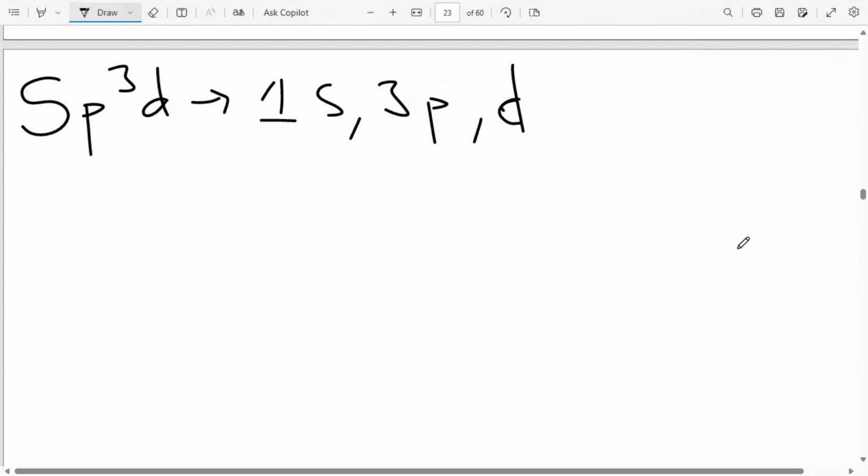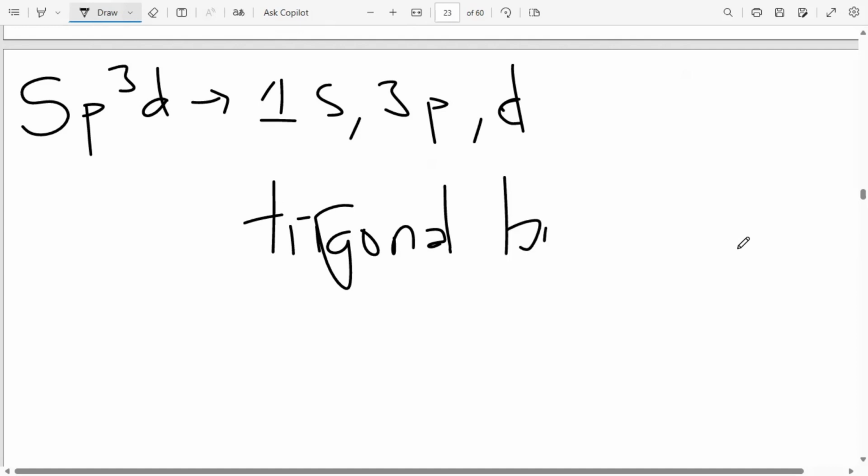And when you have these orbitals combining, you're going to have a geometry which is known as trigonal bipyramidal geometry, like that.